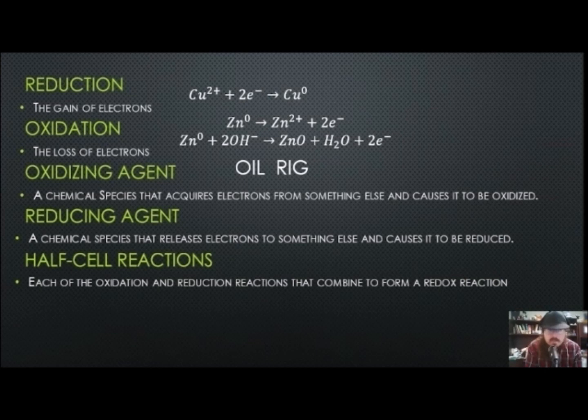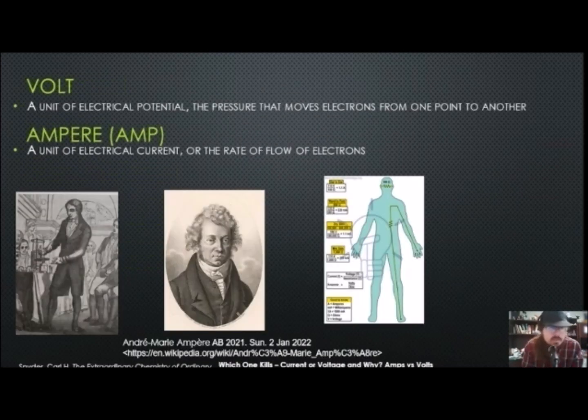And if you added them together, you would get zinc 0 plus copper 2+ goes to zinc 2+ and copper 0, the full reaction. So we can keep them separate to better understand them, but they work better together. To understand a Daniell cell that always produces 1.1 volts, we need to understand first, what is a volt?